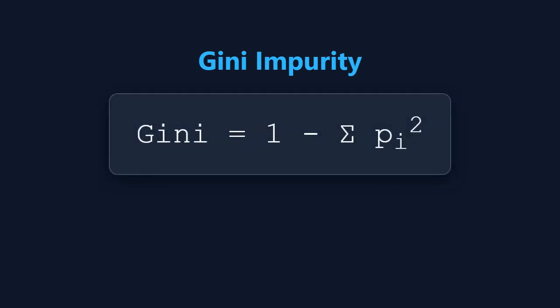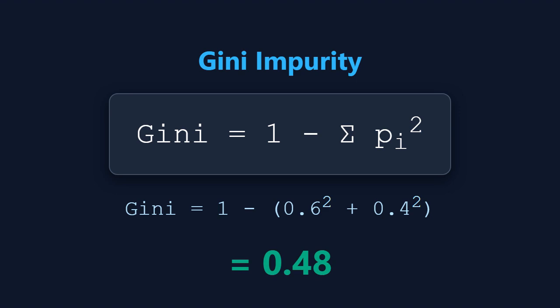The idea is simple. If every example belongs to the same class, impurity is 0. If multiple classes are heavily mixed together, impurity becomes larger. The formula is Gini = 1 − Σ (i=1 to k) p_i². Here, p_i is the proportion of samples belonging to class i.